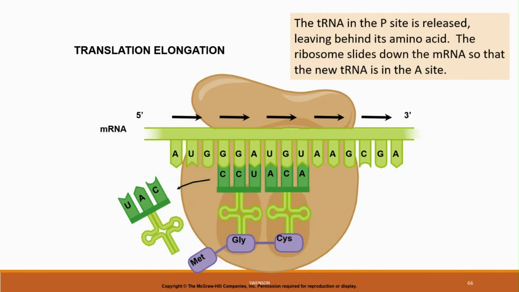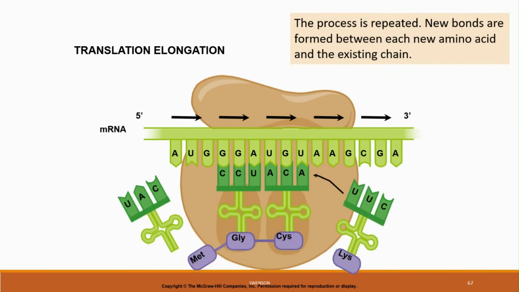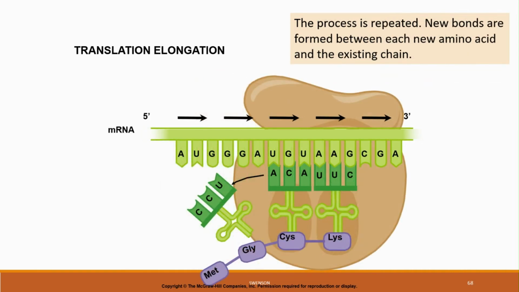And the new tRNA that has a matching anticodon latches onto the mRNA and binds to glycine. And the process repeats. Notice how the tRNAs now leave and have lost their amino acids in the process, leaving behind a growing chain of amino acids.